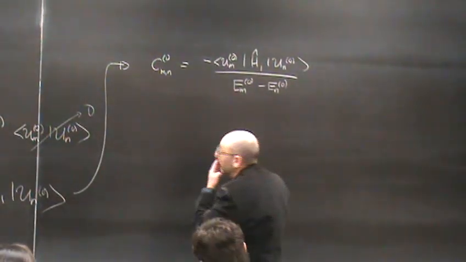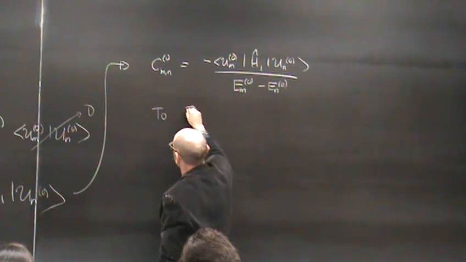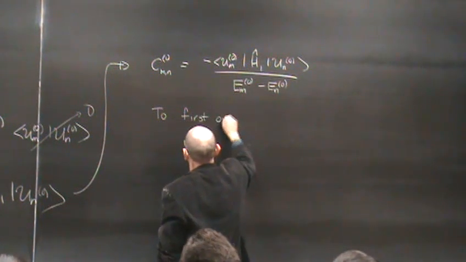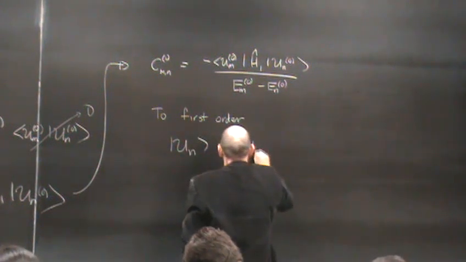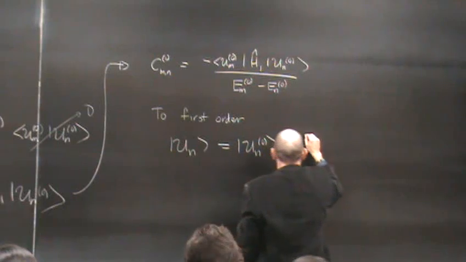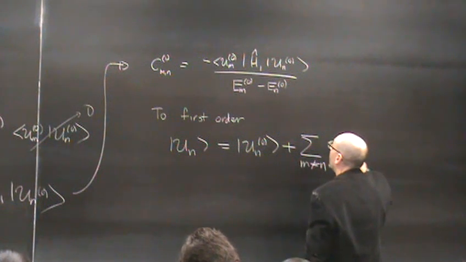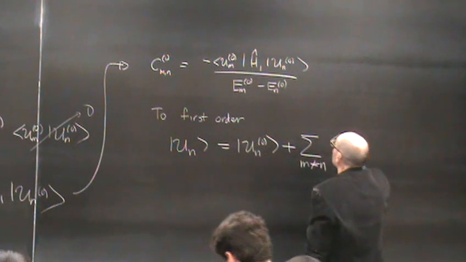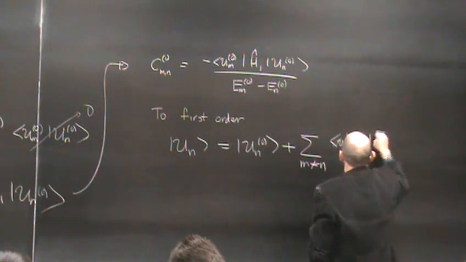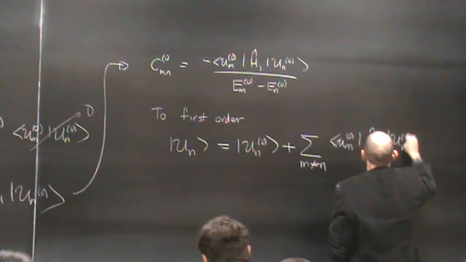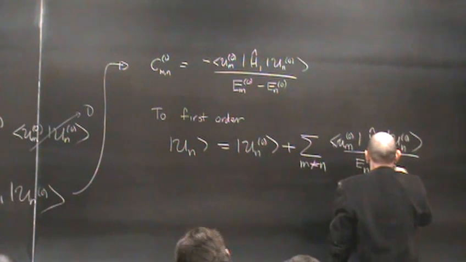So what we find here is that to first order, the eigenvector is the 0th order plus a sum over m not equal to n of u_m^0 H1 u_n^0 over E_n minus E_m.